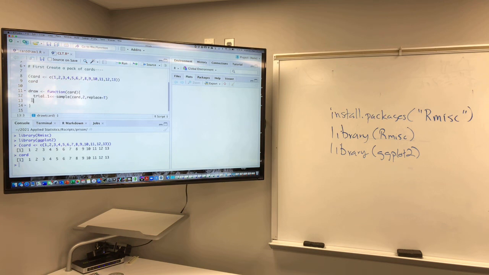But the whole point of this is we want to do this a bunch of times. So what we can do is we can just copy this first line and run it, and run it, and run it. And so this will be trial 1, trial 2, trial 3, trial 4, trial 5, trial 6, trial 7, trial 8, trial 9, and trial 10. Okay?